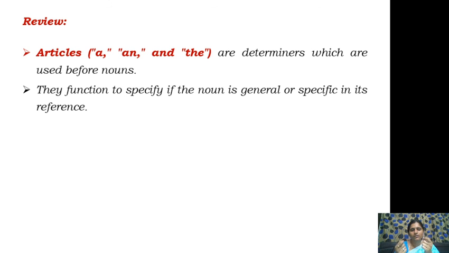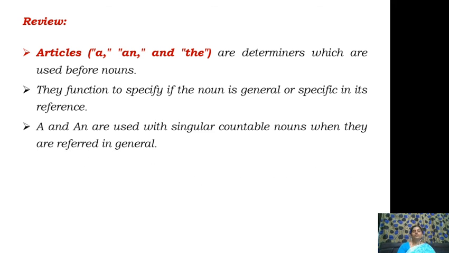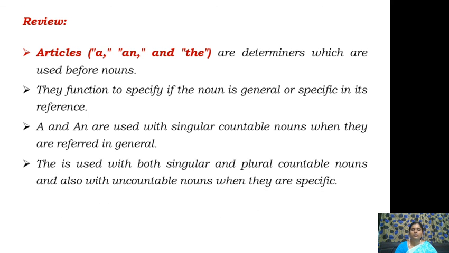So when you look at an article before a noun, you come to know whether that noun is general or specific, like the author is referring to it in general or in specific. Now, a and an are used with singular countable nouns when they are referred to in general, and the is used with both singular and plural countable nouns, and also with uncountable nouns when they are specific.